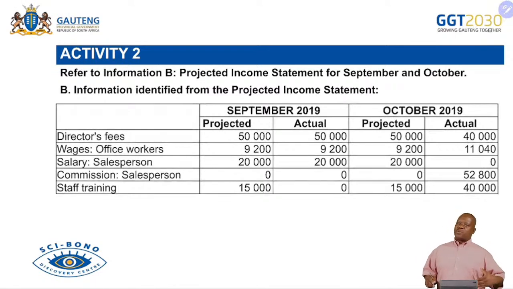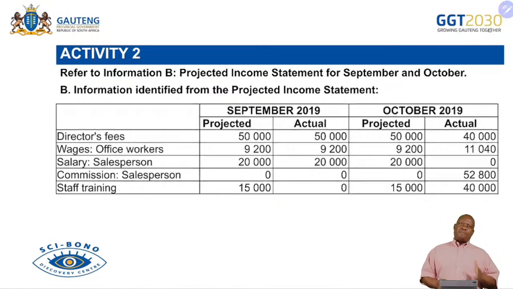Do you know the difference between a salary and a commission? Salary, you get paid at the end of the month. Commission, it is related to the input. So you work more, you get more. So in this case, they are paid by commission because they brought more work to the business. Okay, but it only started in October, actually. Training of sales staff.